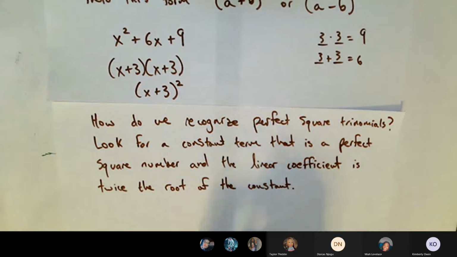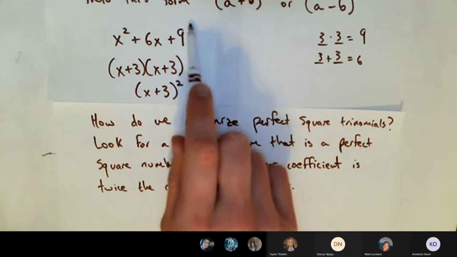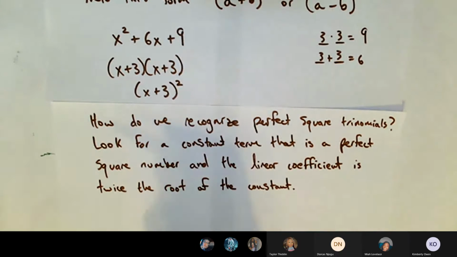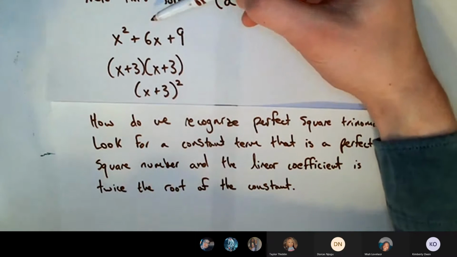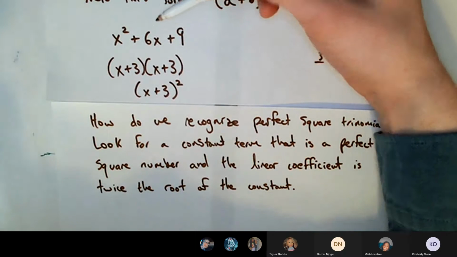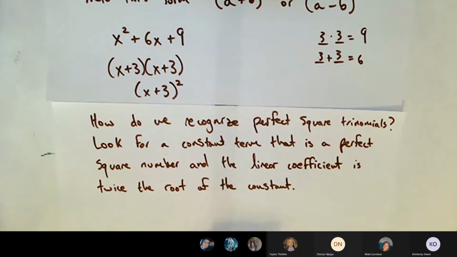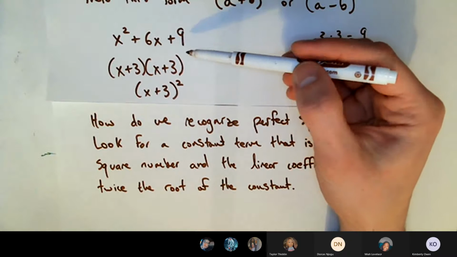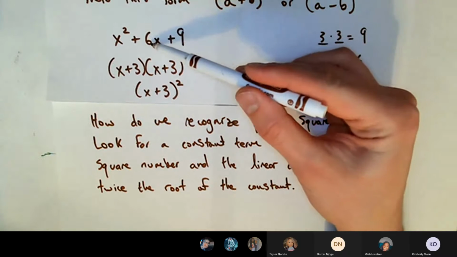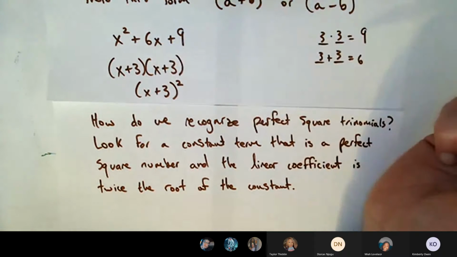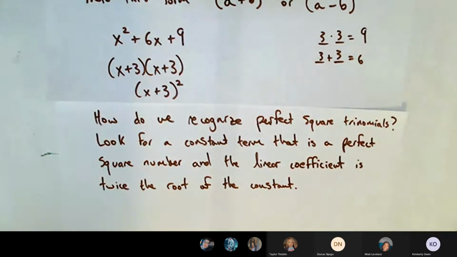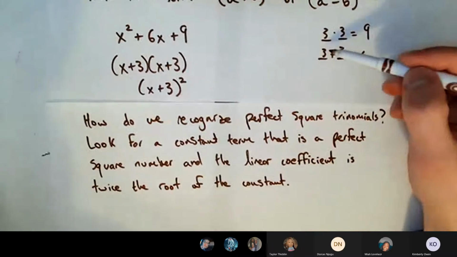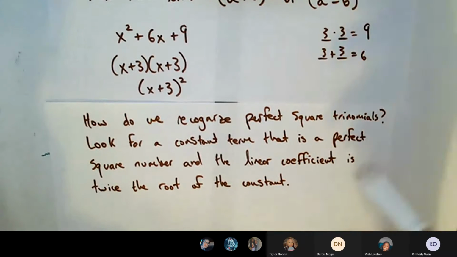What does that mean? The root of this perfect square constant, 9, is 3. If the central number is double that 3, which it is, then you have a perfect square trinomial. If you double the root, 3, and get the middle term, that means you have a perfect square trinomial. We can see it getting doubled over here: 3 plus 3 is 6.